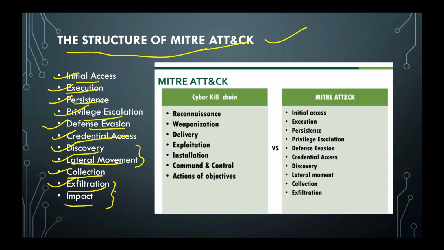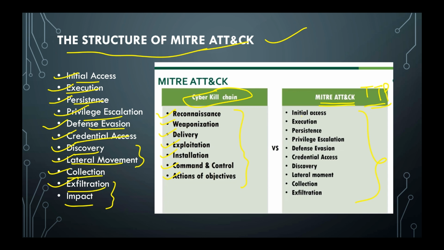In the previous lesson, we learned about the cyber kill chain, and the kill chain has 7 phases: recon, weaponization, delivery, exploitation, installation, command and control, and actions on objective. MITRE is more granular, a collection of deep techniques, tactics, and procedures.